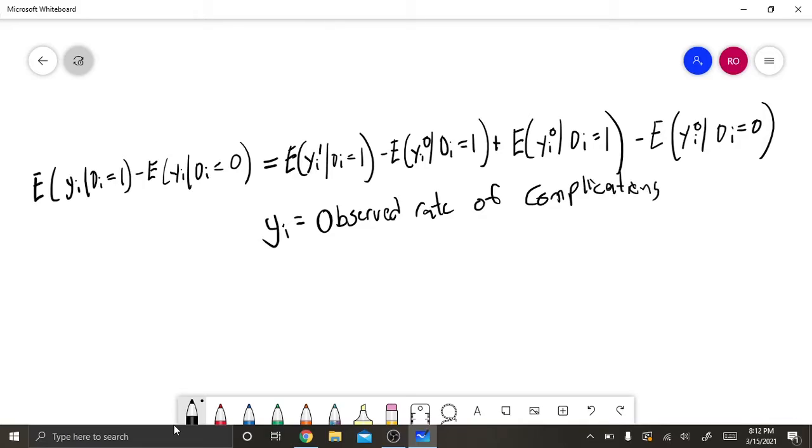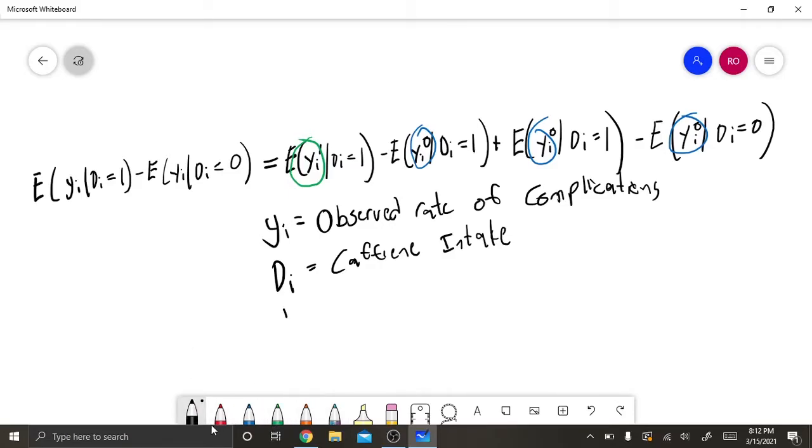Okay, di is caffeine intake in just binary terms. Okay, but we've also got, if you remember, that and that. These are called potential outcomes.